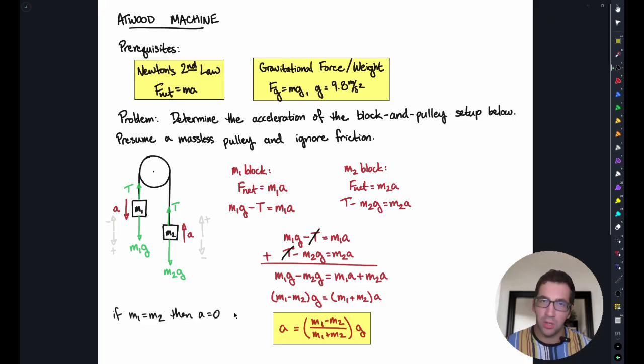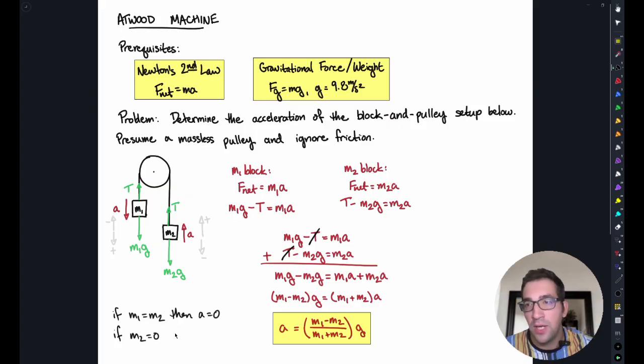So that's encouraging. One other thing that we can try is maybe seeing what happens if one of the masses is 0. So let's say, for example, that m1 was heavier than m2. But let's say that m2 was 0 kilograms. It had no mass whatsoever. Let's see what happens if m2 is equal to 0. In that case, if there's no mass on the right-hand side, that left-hand side one is going to fall just like it's in free fall.